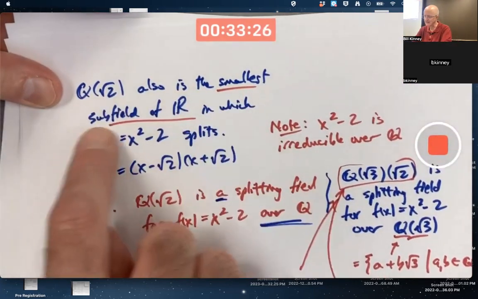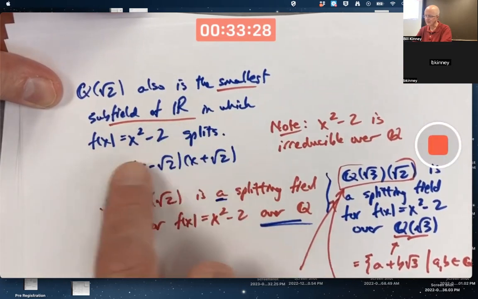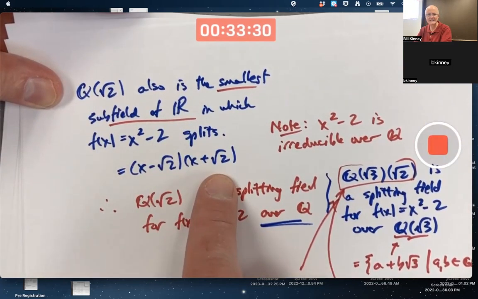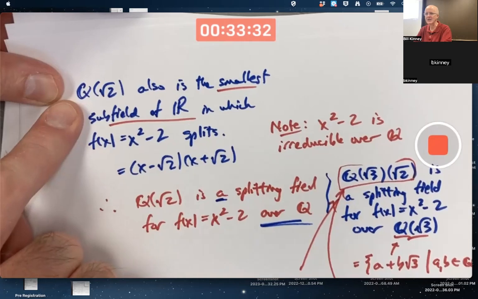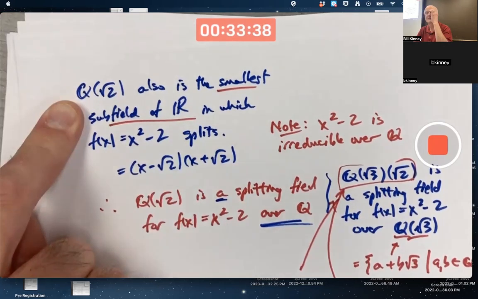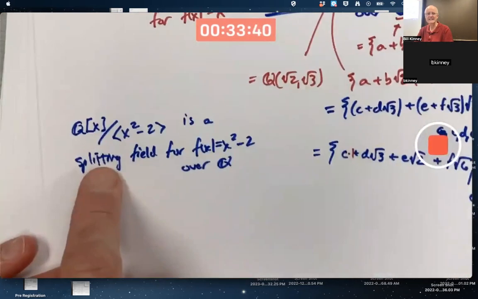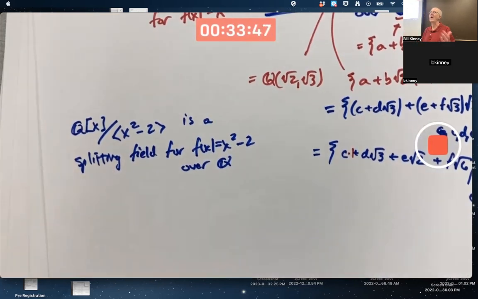That's the smallest subfield of the reals in which this polynomial splits. It does contain the rationals as a subfield as well. It is a field extension of the rationals. But is that a field extension of the rationals? Doesn't seem like it because its elements are cosets. Well, you got to look at it in the right way.